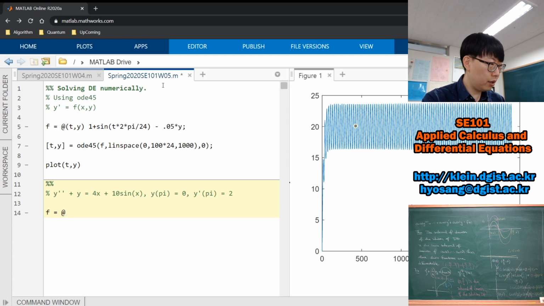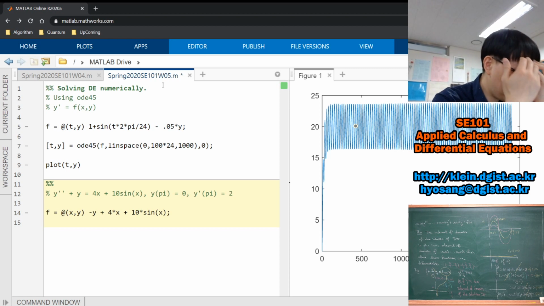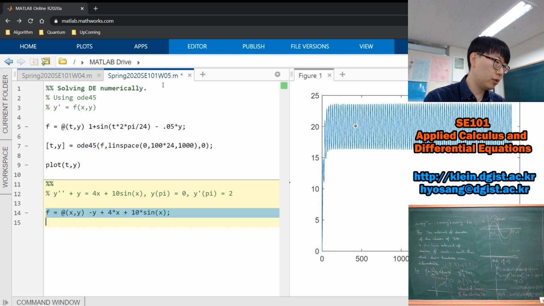So what is my function y? So that has to be minus y plus 4 times x plus 10 times sine x. So this is a second order differential equation, a little bit harder.